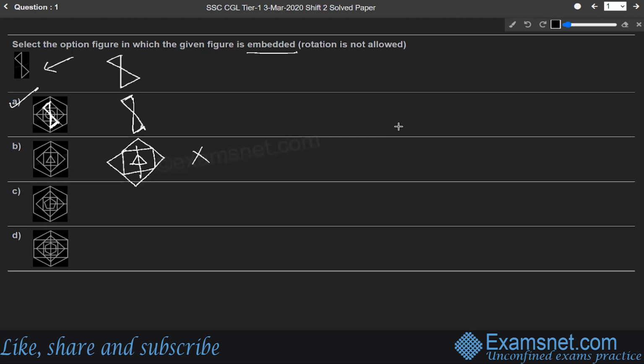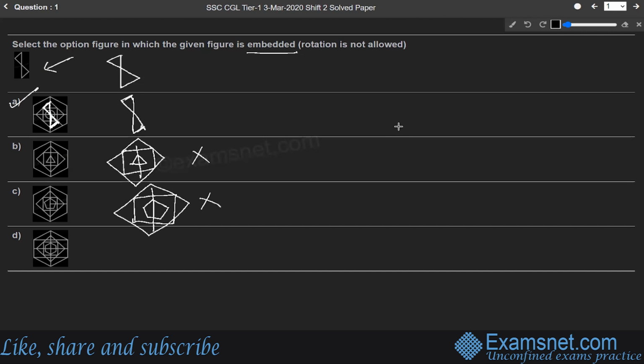Let us check this option C. In option C, there is a straight line, then a pentagon is present. Pentagon is a polygon which consists of 5 sides. Then pentagon is present inside a square, and again square is present inside a diamond shape. So this option is also not correct.